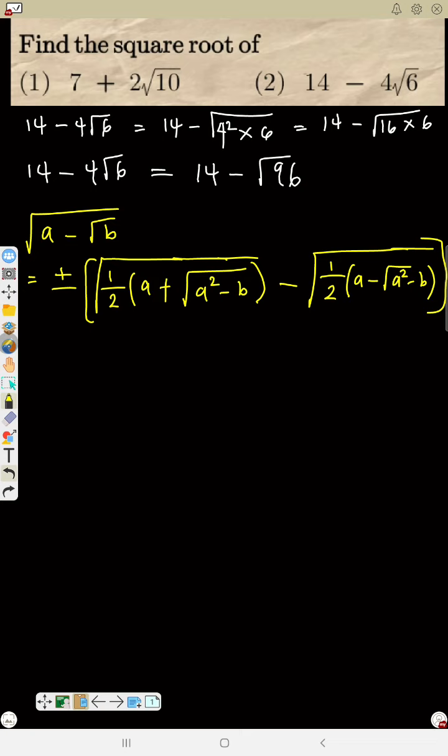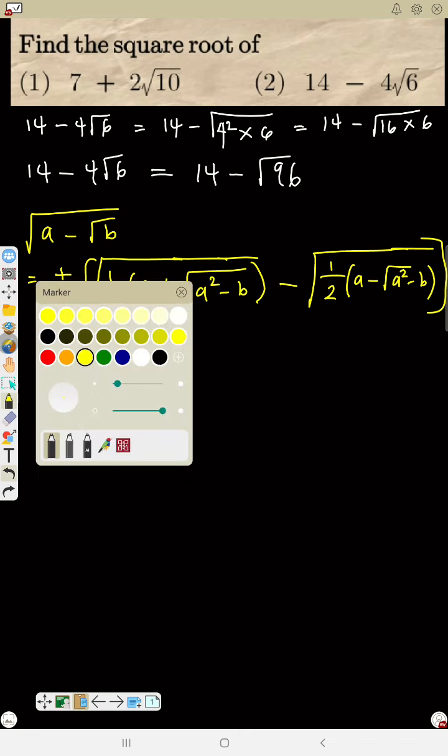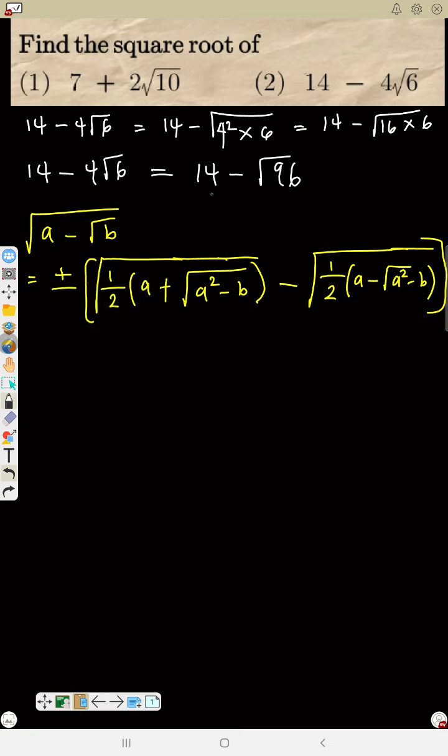So in this case, we have shown here that a equals 14, b equals 96. So you can now substitute everything inside the formula.